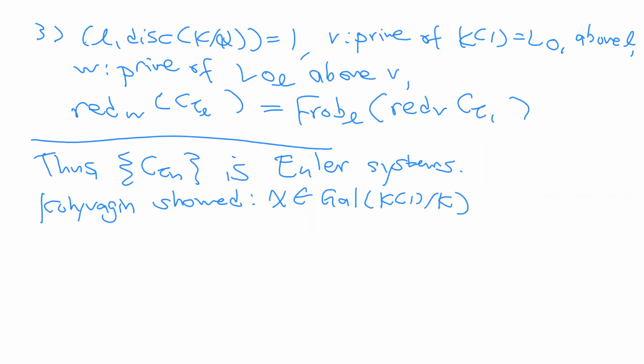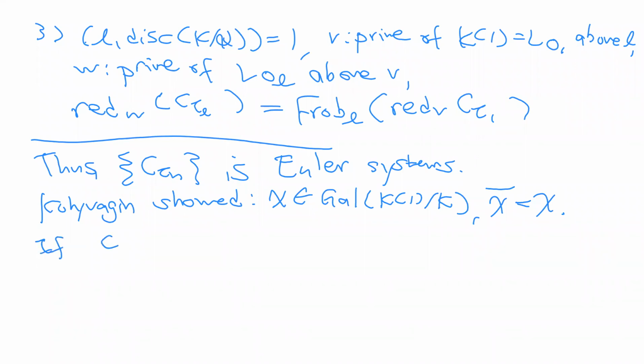This is just an example. Say χ is a character of the Galois group of K_1 over K, and say χ-bar, the conjugate of χ, is χ. For example, the trivial character, perhaps the most interesting case.